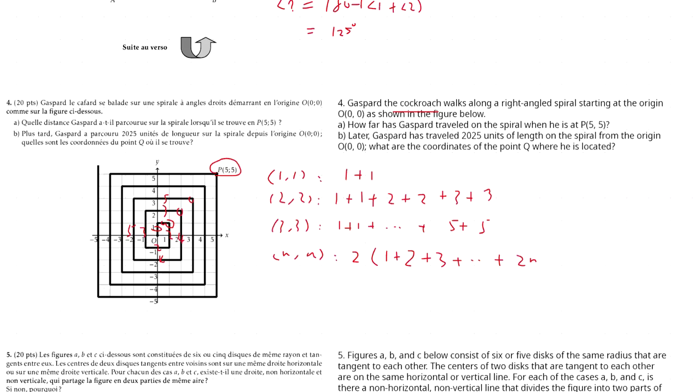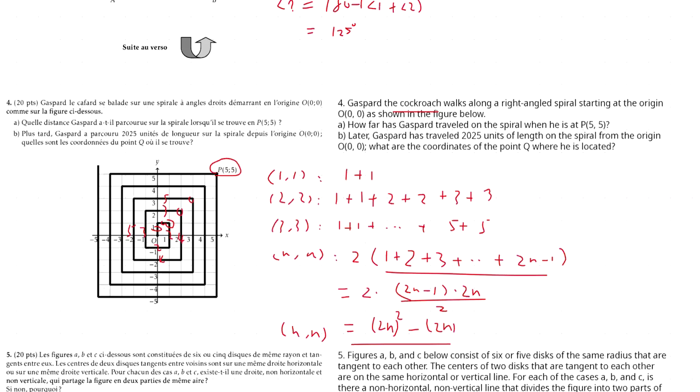Then we can use the Gaussian summation to find it as 2 times half of 2n minus 1 times 2n. So we finally got 2n squared minus 2n. So to reach (n, n), the distance is 2n squared minus 2n.